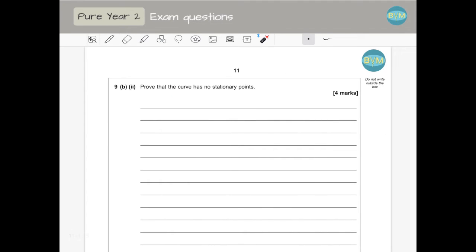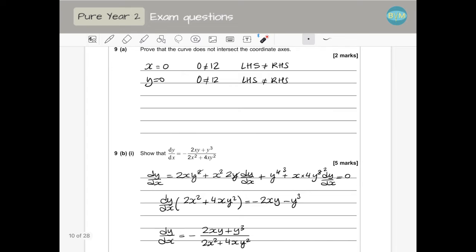Then prove that the curve has no stationary points. The stationary points are given by dy by dx equals 0. Even if you are not able to do the previous bit, you can use the expression. We are going to make this equal to 0 and see what happens.